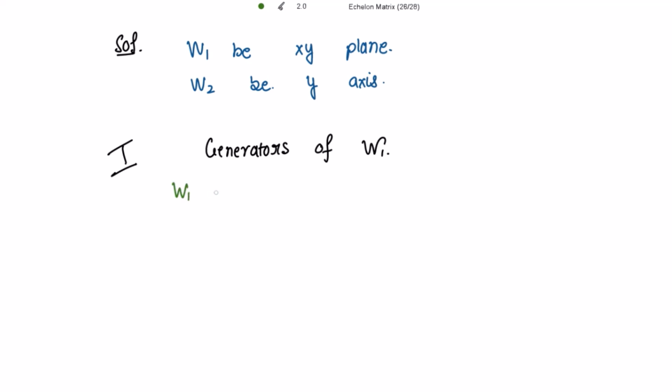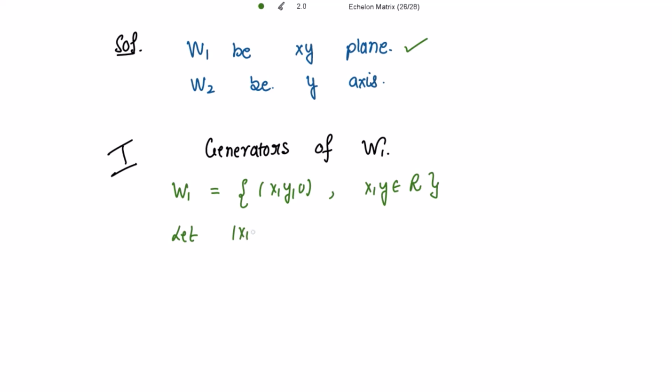What kind of elements are present in W1? It is the xy plane. It is given that W1 is the xy plane, so the element is (x, y, 0). In the xy plane, z is 0, where x and y belong to the set of real numbers. Let's take one element from W1.